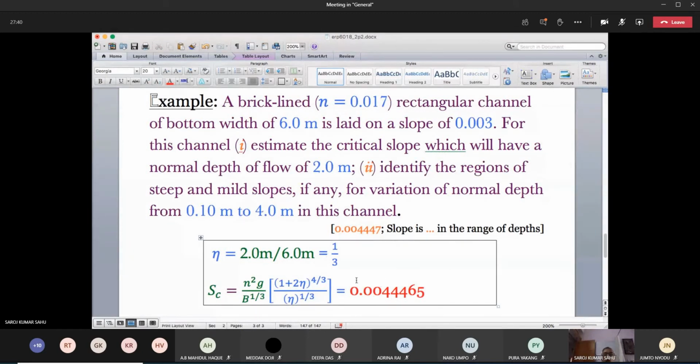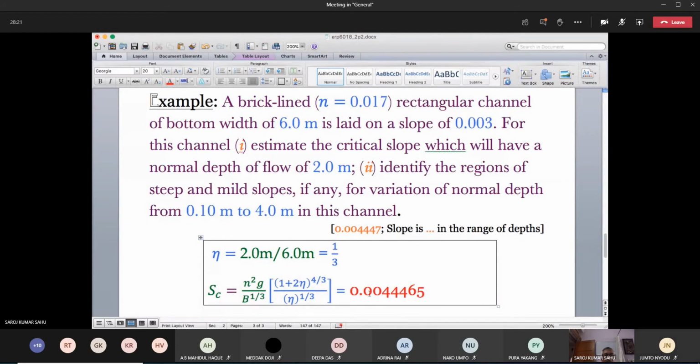So this is what you get as your critical slope. At this slope, at this normal depth of flow, the flow will be critical in this condition of the channel. Have you computed this? Yes, sir. Okay.